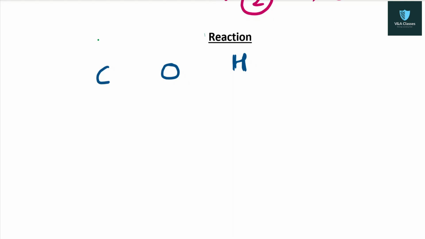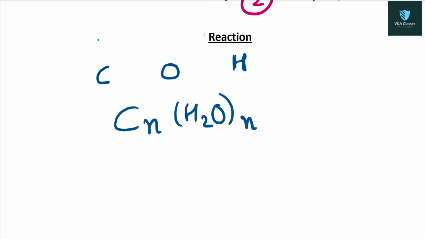All the carbohydrates can be written with the general formula CnH2O, where n can be any number, and depending on the value of n, the carbohydrates will have different names. With respect to photosynthesis, we are concerned with an n value of 6.